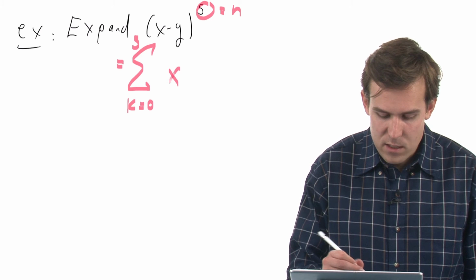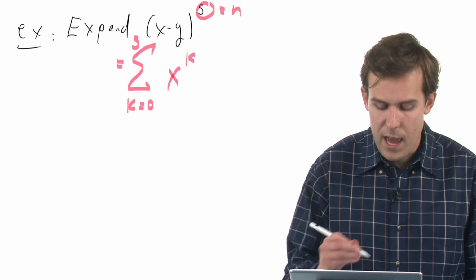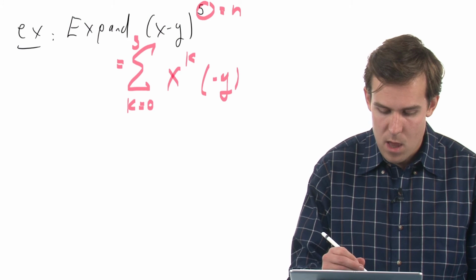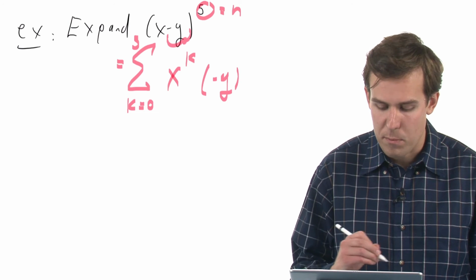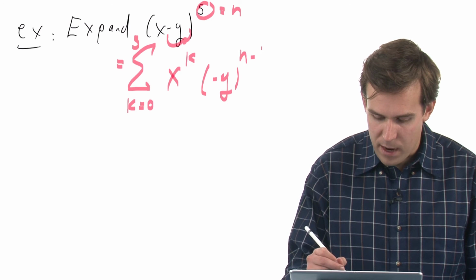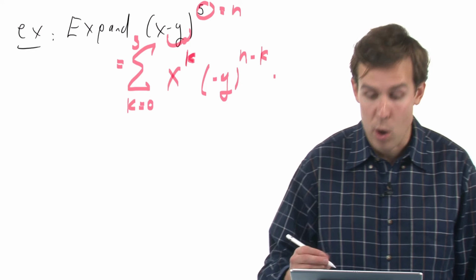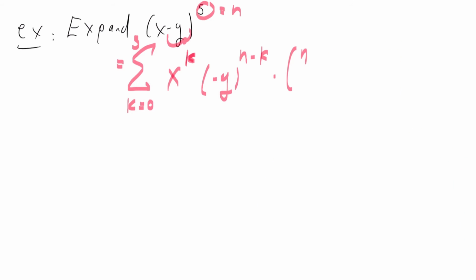I have x to the k, minus y, because the theorem was stated with a plus there, to the n minus k. And then I multiply by the binomial coefficient n choose k.